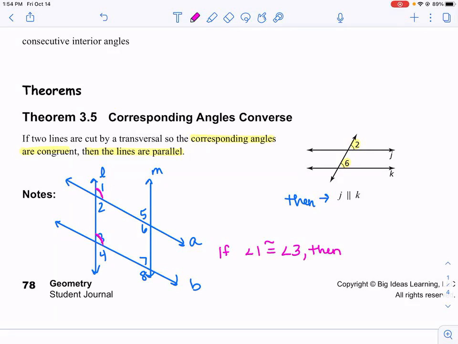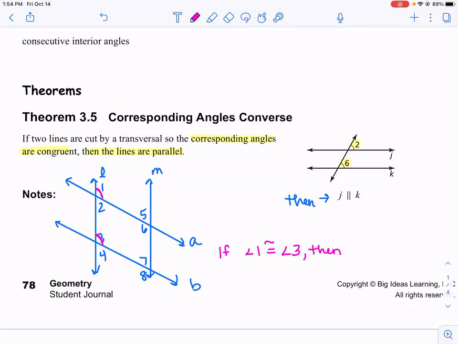If I tell you that angle one and angle three are congruent, then of these four lines, these two angles are corresponding with L being the transversal.